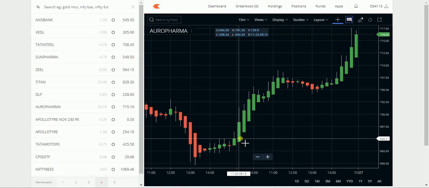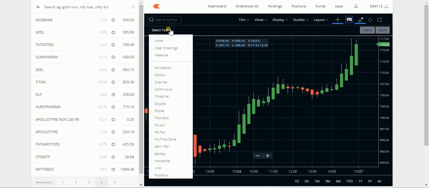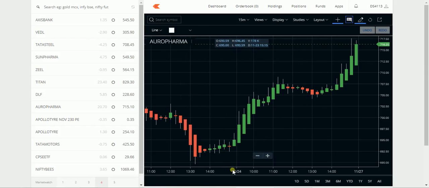So my buy level as per this particular candle, let me draw a line. I will select this line. This is the 9:15 candle. I'll draw a line to mark my sell level, which is also the open level of that 9:15 candle.